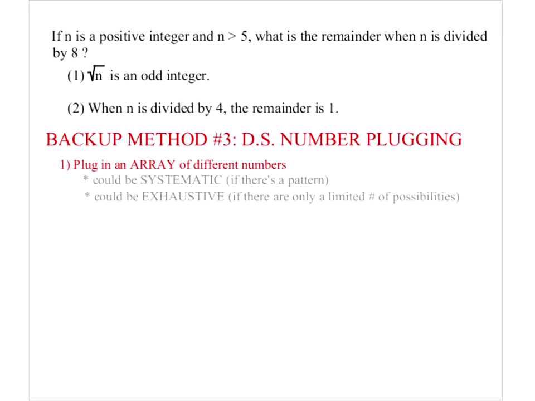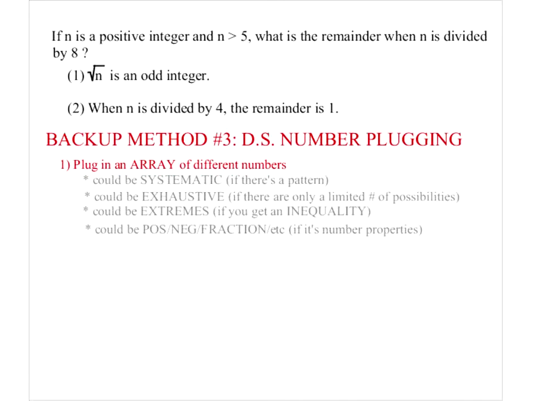It could be extremes if you get an inequality. And it could even just be different number types, like positive, negative, fraction, etc., if it's number properties. But the point is that you have to plug in. You have to try multiple plug-ins.